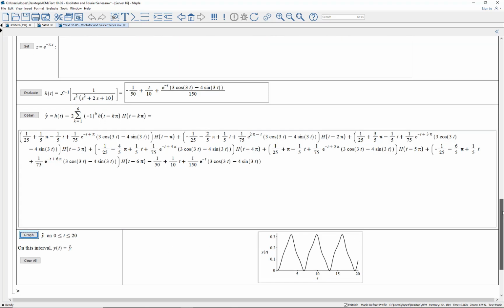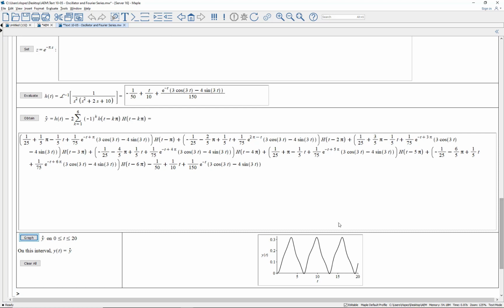How do I know that's exact on 0 to 20? Well, just think about what we've done here. We've cut off the series after z to the 6th. And that gives rise to Heavisides shifted, t minus 6 pi. So the next term that I would have gotten if I had added a z to the 7th would be a Heaviside of t minus 7 pi.